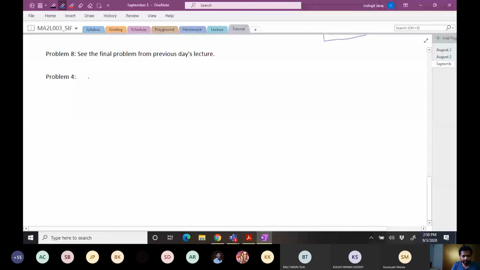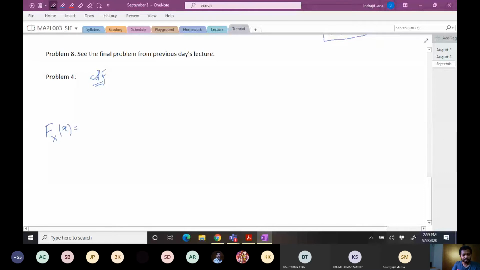The CDF in this problem is given by this F_X, uppercase F. Why am I writing in blue?